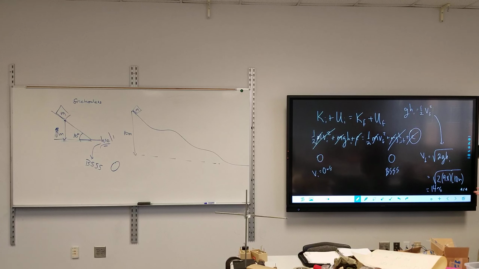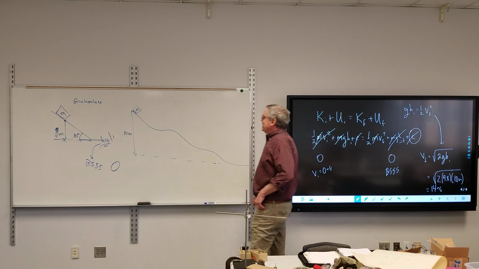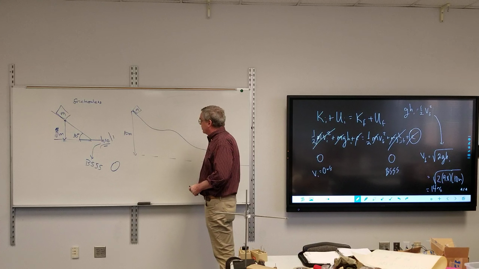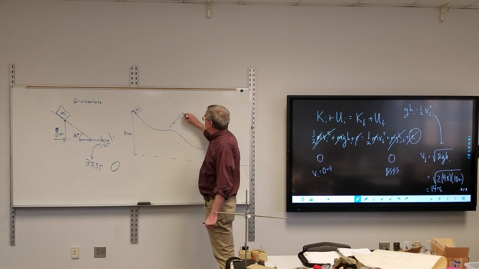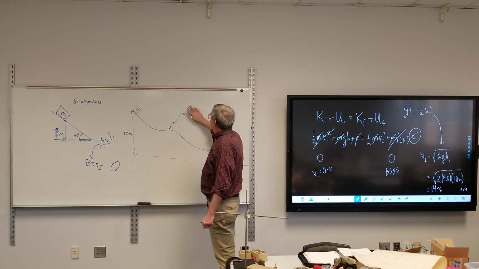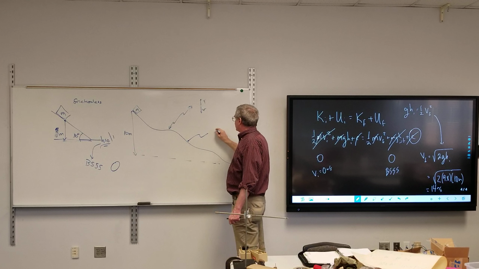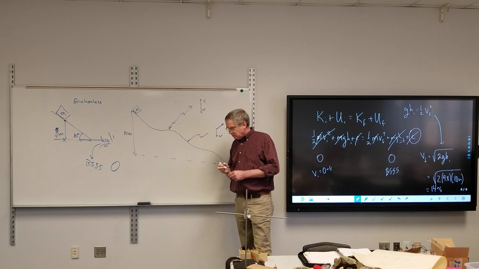We have weight and normal force still acting on it, but at any point, let's say we are here, the normal force is acting up and the weight is acting down. At this point right here, the normal force is acting at an angle and weight is acting down.